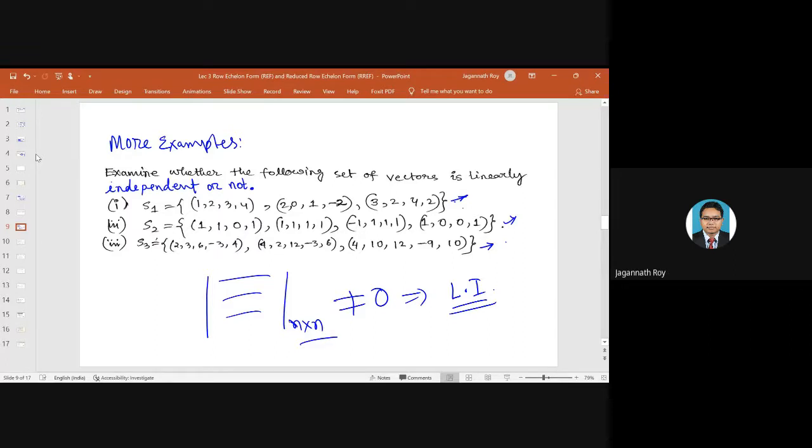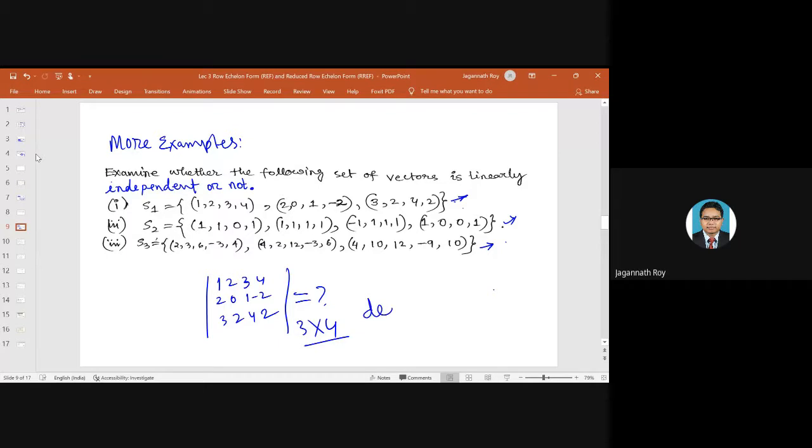But here, if we take these vectors, then what you will get? 1, 2, 3, 4, then 2, 0, 1, minus 2, then 3, 2, 4, 2. But you cannot take the determinant here because this is not n by n. Here it is 3 by 4. You cannot take the determinant.